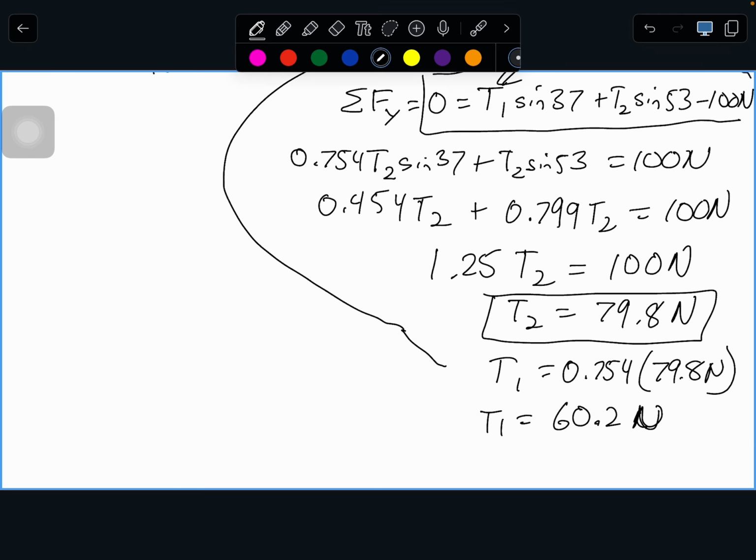Terrible N. That's an N. Okay, so my T2 is 79.8, my T1 is 60.2. I think I kept an extra digit. So your textbook answer is like 79.9 and 60.1. And there we go. Got my tensions. And of course, T3 was 100 newtons. I solved the problem.